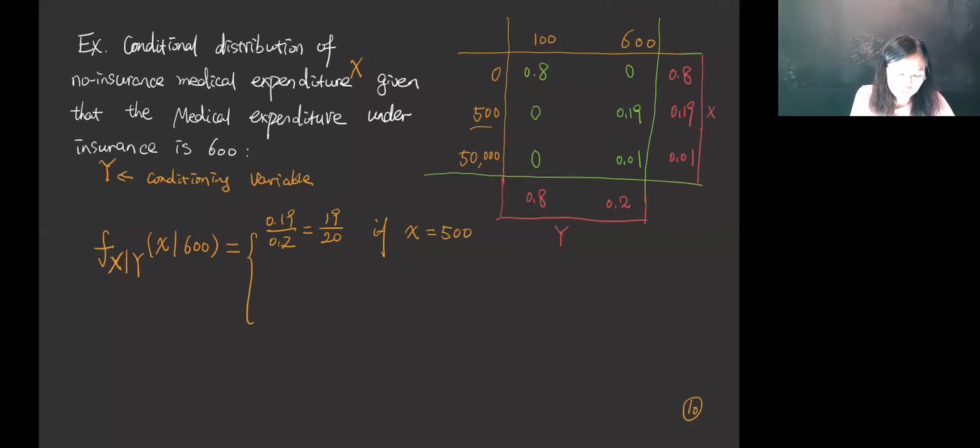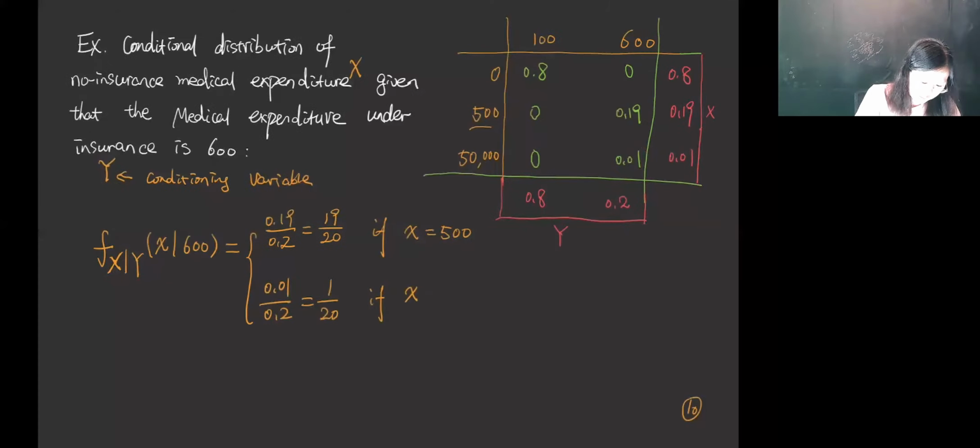And the conditional probability of x being 50,000 is given by 0.01, the joint PMF, divided by the marginal of the conditioning variable, 0.2. So 0.01 divided by 0.2. That's 1 over 20. This is if we are considering the value of x that's 50,000.